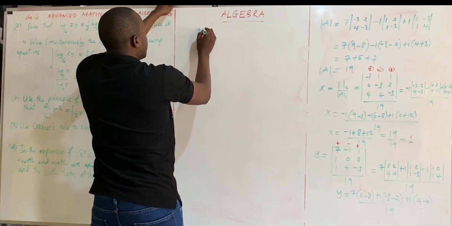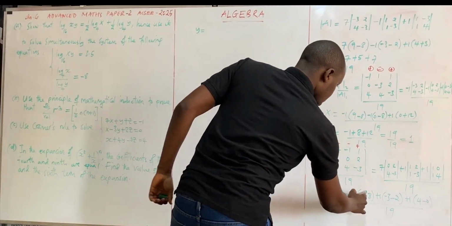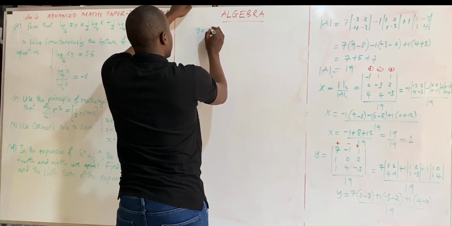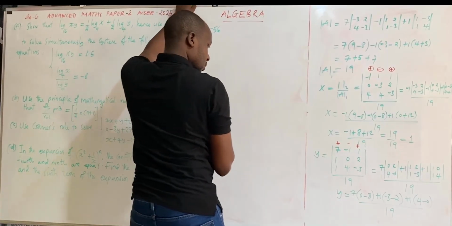So the value of y becomes, here it is negative 8 times 7 is negative 56.